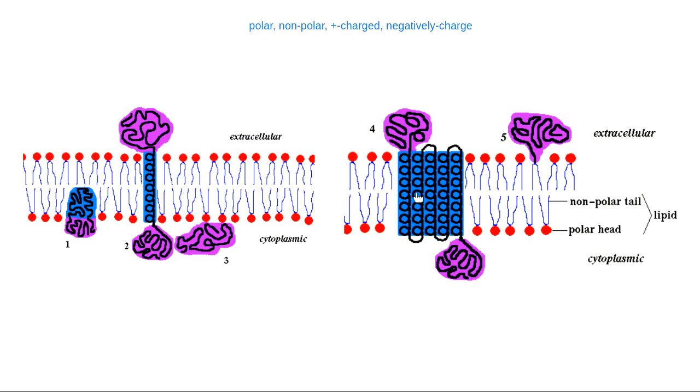They're touching those tails. Notice here we've got labeled the extracellular environment, or the cytoplasmic environment on the cytoplasm side. Remember from yesterday's office hours, we said that outside the cell, we've got water, and inside the cell, we've got water.